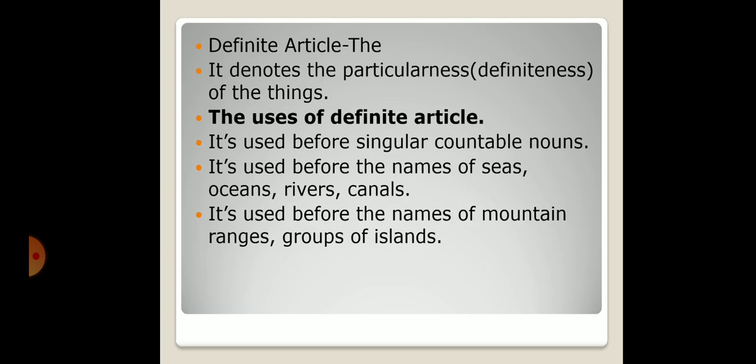Point number 1 is it is used before singular and plural countable nouns. Whenever we have the names of the singular things and plural things which are countable, we have to use this definite article in the sentence.